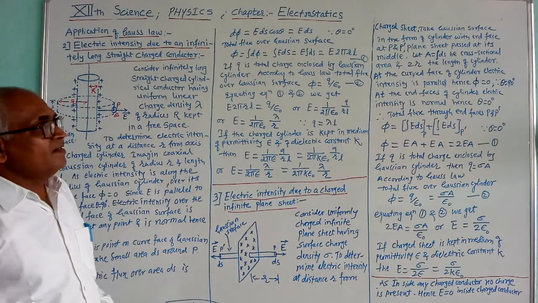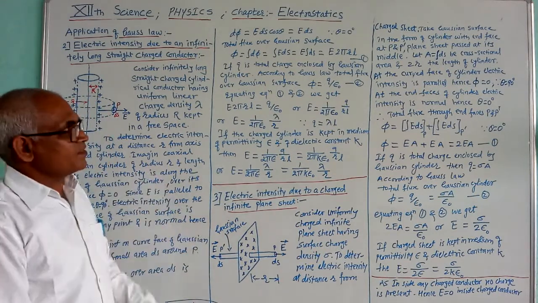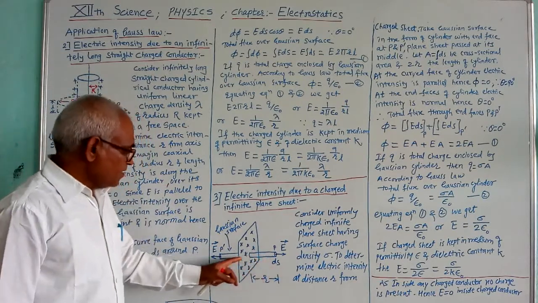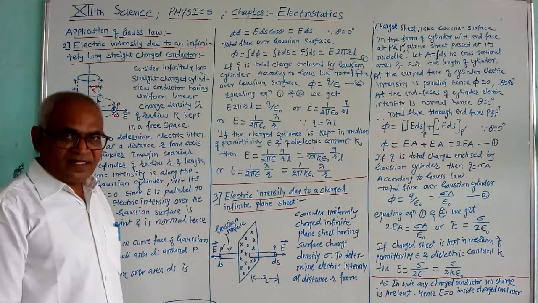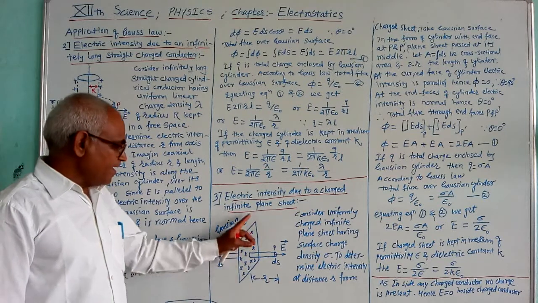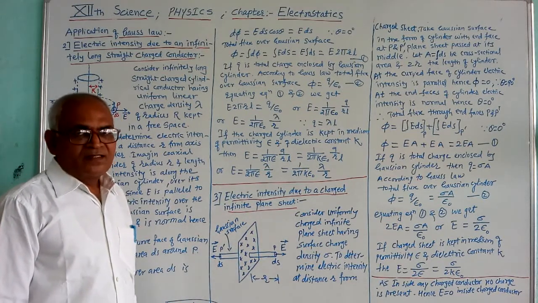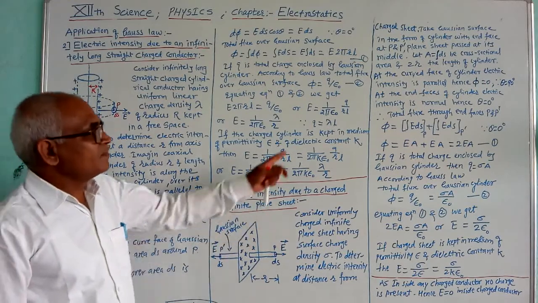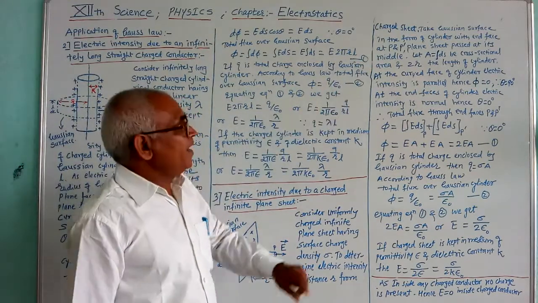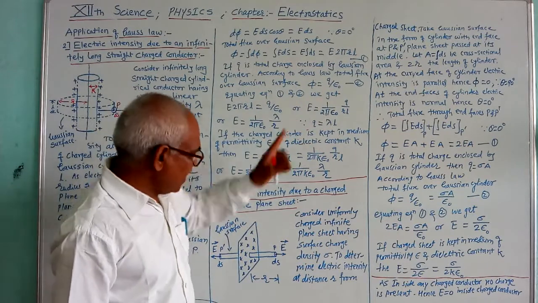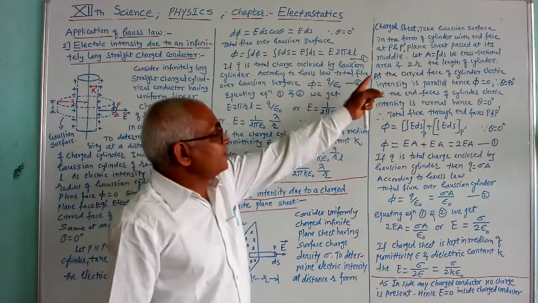let us consider a Gaussian surface in the form of a cylinder, such that the plane sheet is at the center of this Gaussian cylinder. Let A be the area and twice r be its length.